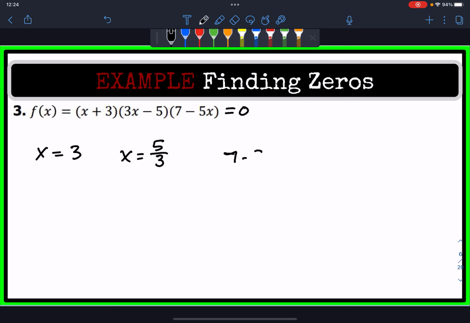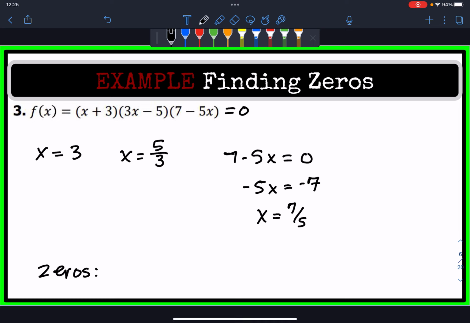We have 7 minus 5x equals 0. And that's going to subtract the 7 from both sides. So that does give us negative 7. But since we're going to divide by negative 5, x would end up becoming positive 7 divided by 5. So the 3 zeros to this polynomial are 3, 5 over 3, and positive 7 over 5.